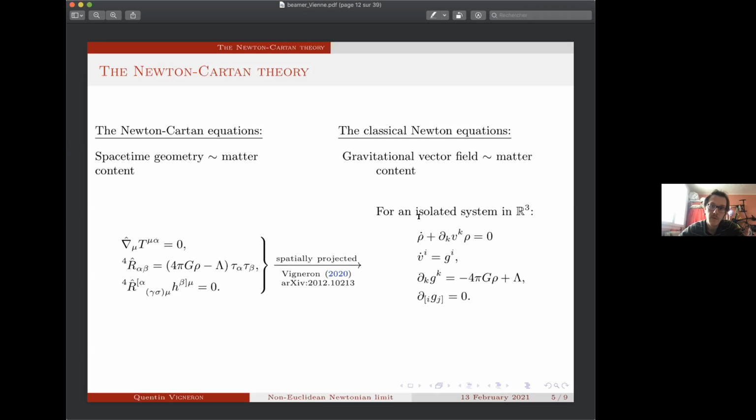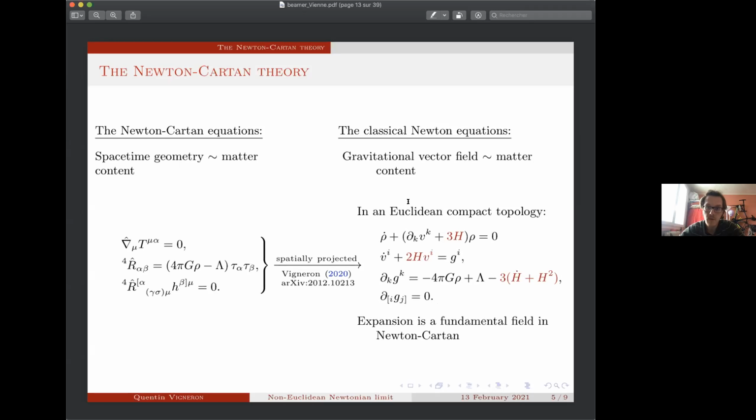If instead of supposing an isolated system, we suppose an Euclidean compact topology, so it's necessarily Euclidean because the spatial curvature induced by those equations, the curvature related to the space metric, the Ricci curvature, is necessarily 0, then you end up with the same equations with additional terms related to the variable h, which corresponds to the expansion rate of the compact space.